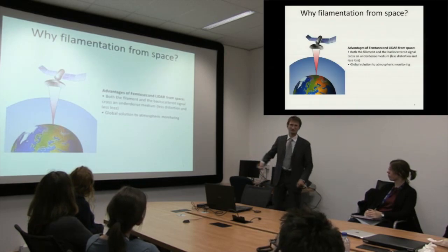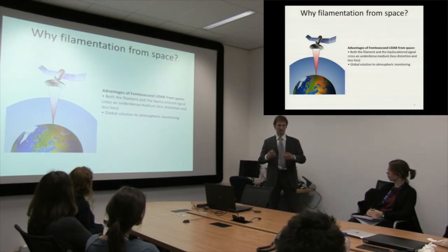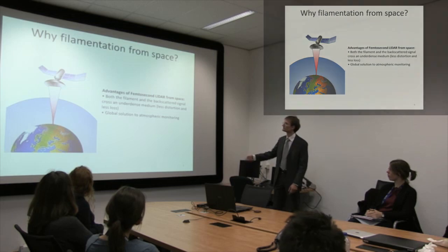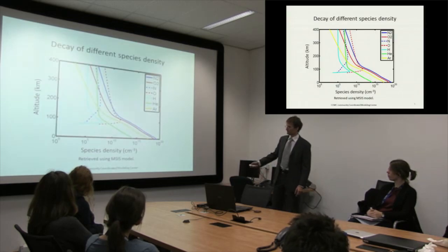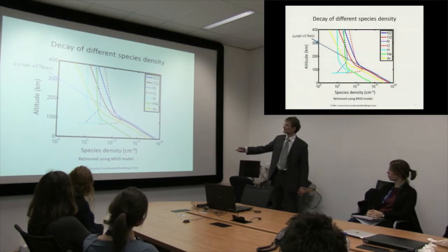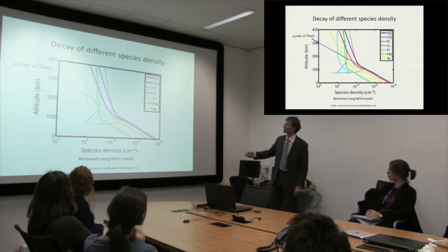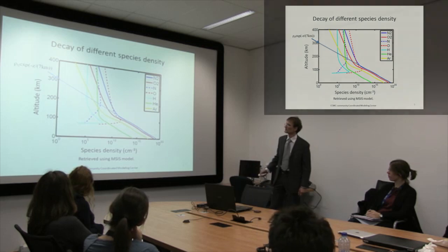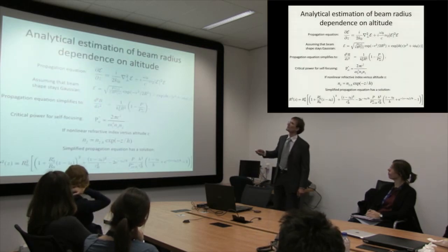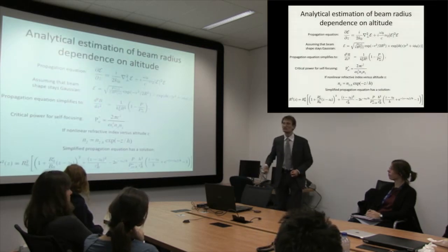And shooting from here, we do not have turbulence or reaction particles so much. So this is different species density, and in some cases we can have a fit of exponential decay, which is around 7 kilometers.